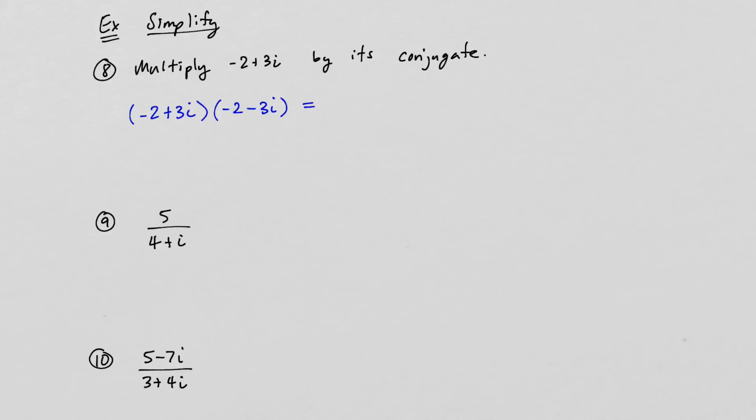I'm going to use the shortcut. The shortcut to multiplying a complex number by its conjugate is to take the real part and square it, plus take the imaginary part and square it. And this gives us, in our case, 4 plus 9, which is 13. Quick and easy.